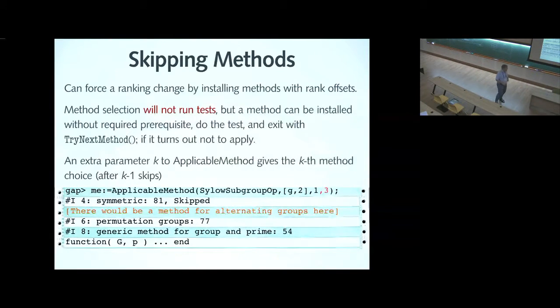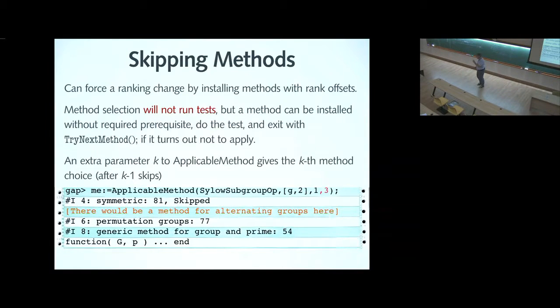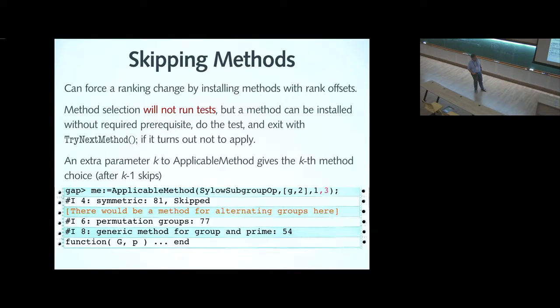In applicable method, you can give an extra fourth parameter, and this fourth parameter tells you the method. Then it will not give you the first applicable method, but the kth applicable method. So this parameter being 1 is the same as if it's not there. But here, let's call the same thing and pick the third applicable method. Then the one I had before gets skipped. There is a method in between for alternating groups, which is not applicable.